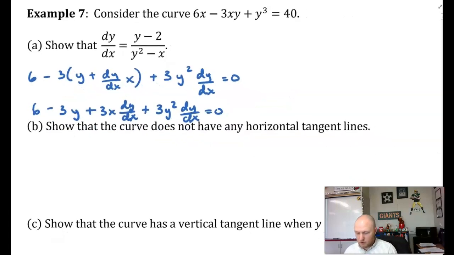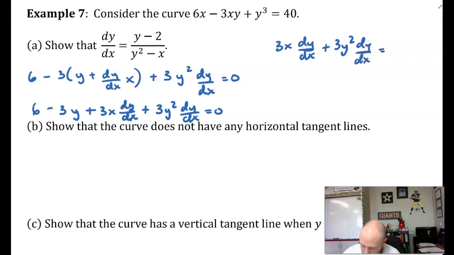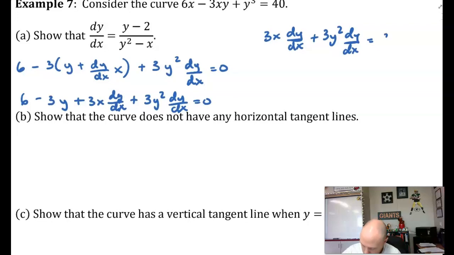Okay, I'll move my non-dy/dx terms over to the other side. So we get 3x dy/dx plus 3y squared dy/dx is equal to, looks like, 3y minus 6.